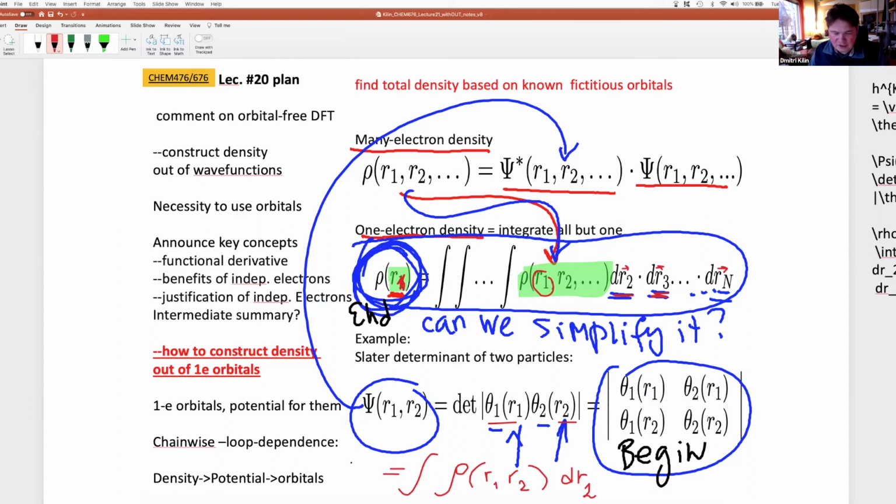And as a result, I will obtain the density of all electrons evaluated at the position of the first electron.